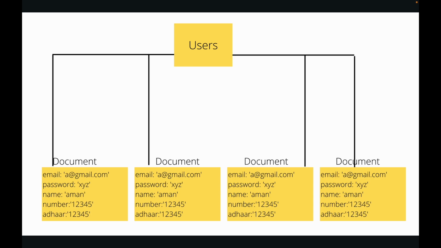Similarly, we can make multiple collections and those collections can contain thousands of documents. I will also create the users collection and this document in the Firebase console, but before moving to the console, let's jump to the features of Firebase.